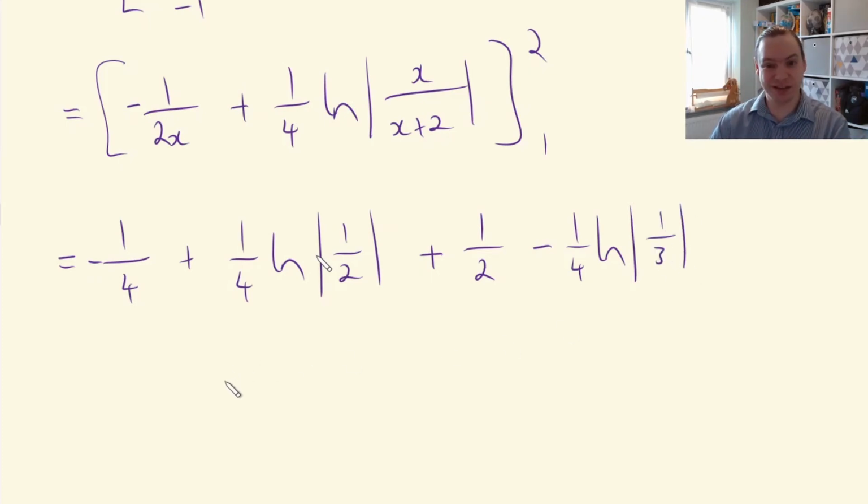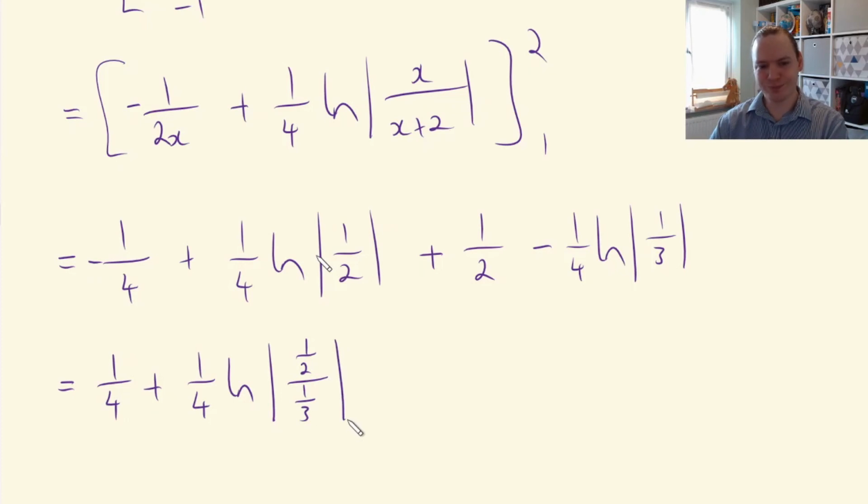Again, I can do a little bit more tidying up. Negative 1/4 plus a half is going to be 1/4, and then I've got plus 1/4 of the natural log of, I'm subtracting again, so it's a half divided by a third.